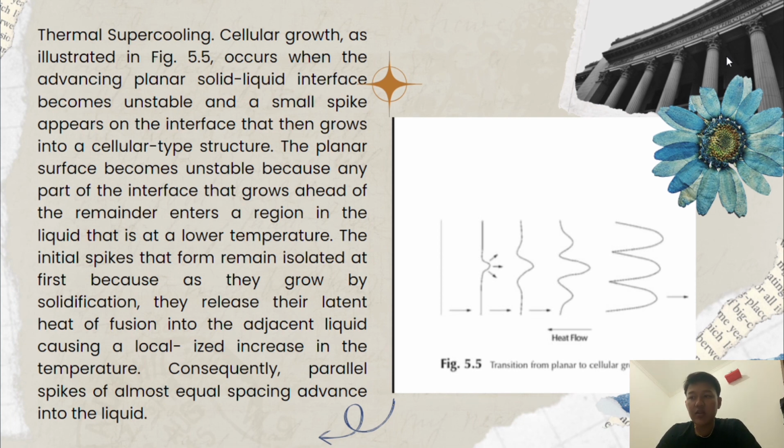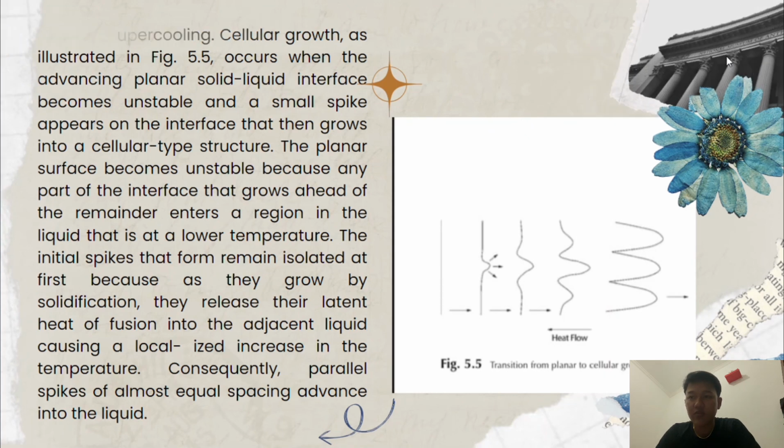The protrusions that form remain isolated at first because the latent heat of fusion is rejected into the adjacent liquid, causing a local increase in the temperature. Consequently, parallel peaks of almost equal spacing advance into the liquid.